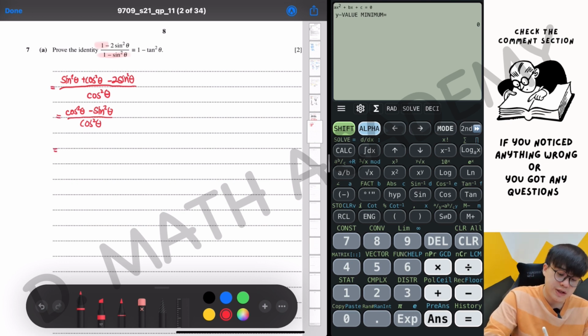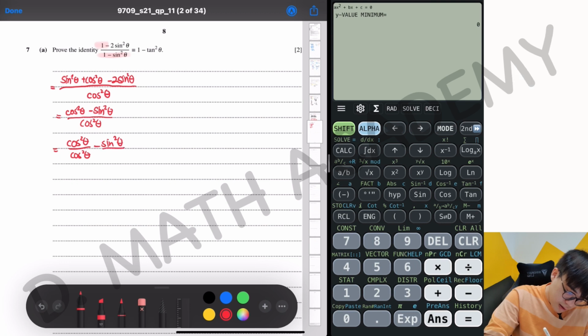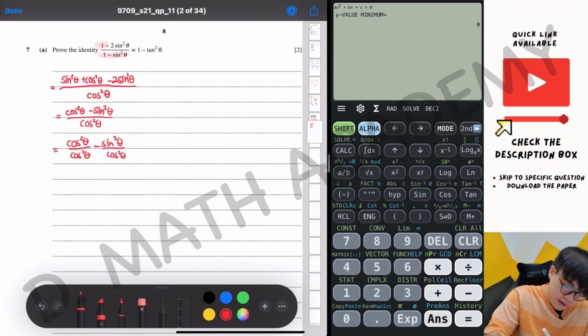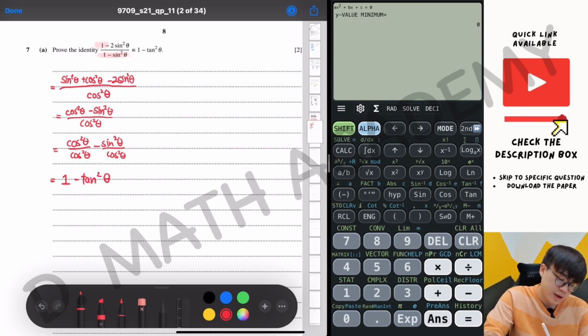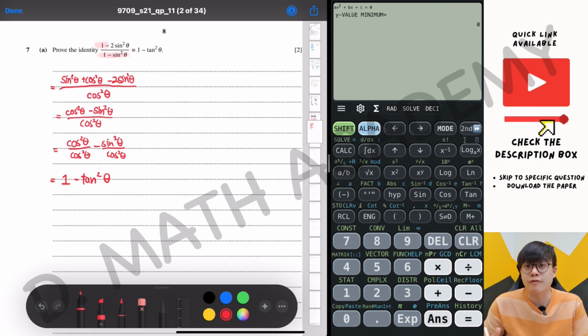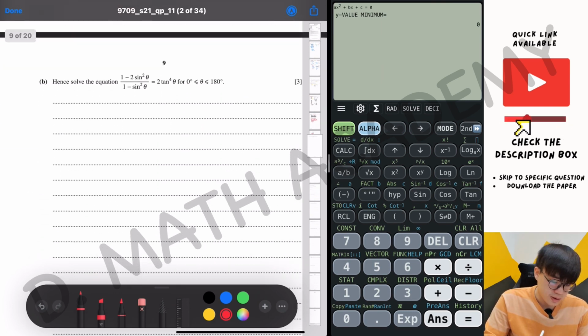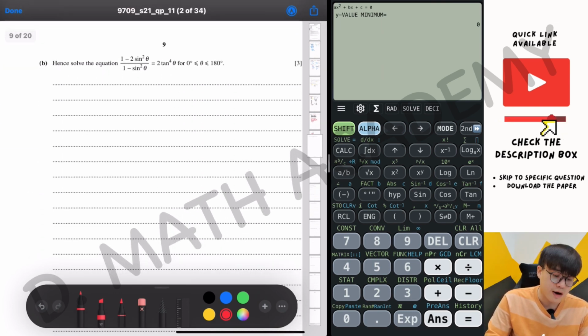So from this here, you can then split them up like a normal fraction. And this is what you should be getting. Further rearrange it, you will get 1 minus tangent square theta, which is what the question is looking for here. So this is how you solve this question 7a. 2 marks, not really that hard.